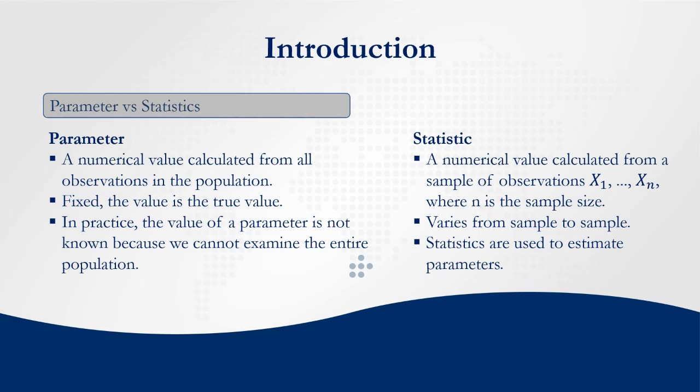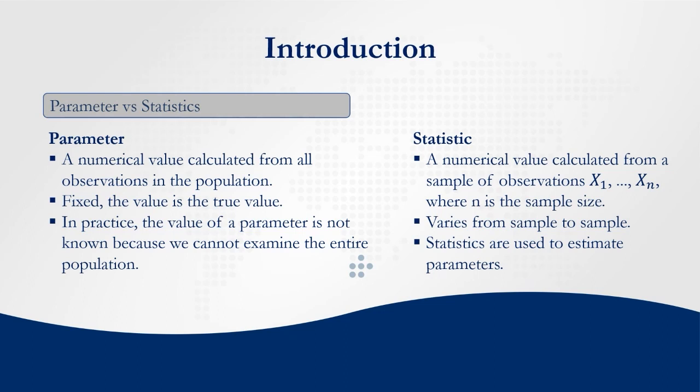What we measure from the population, we refer to as parameters. So the population mean is a parameter, and it's going to be a value that we calculate from all the observations. If we are calculating something from all the observations within a population, that will give us a parameter.